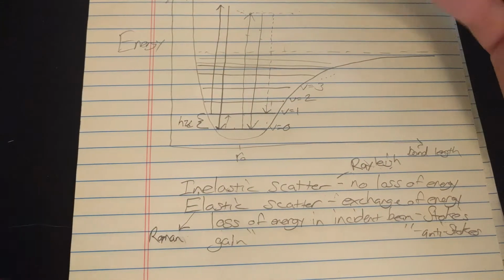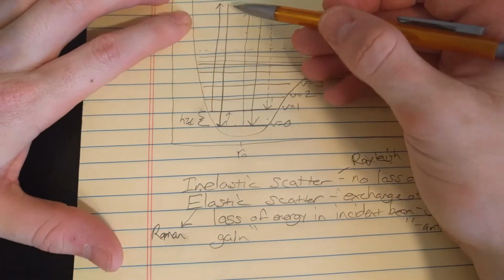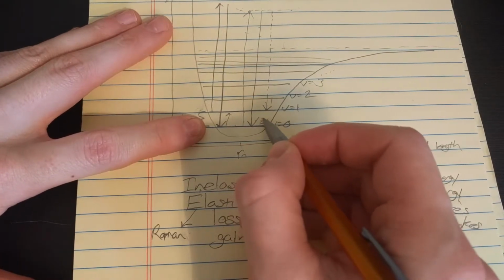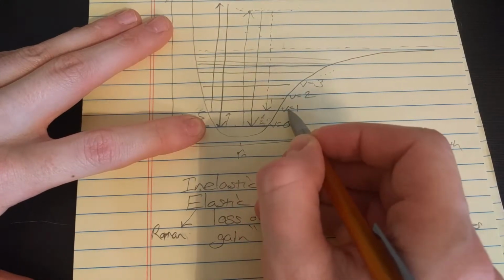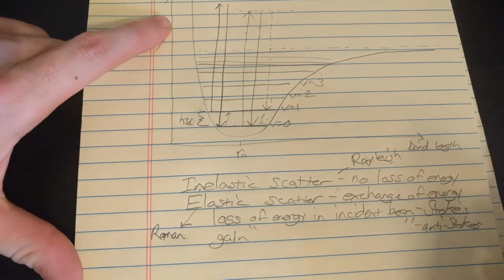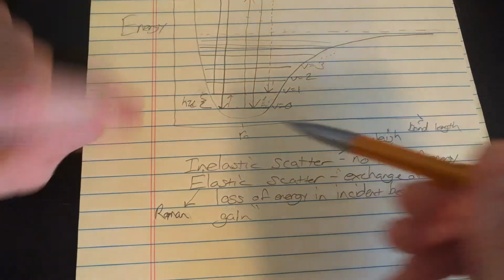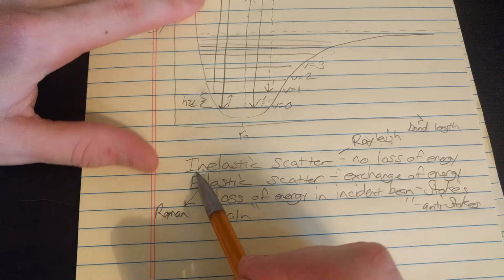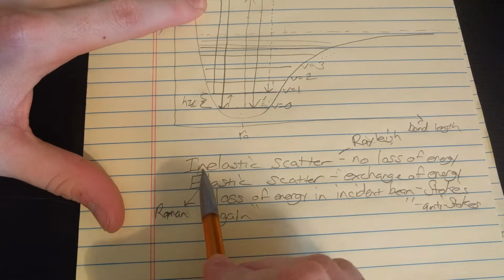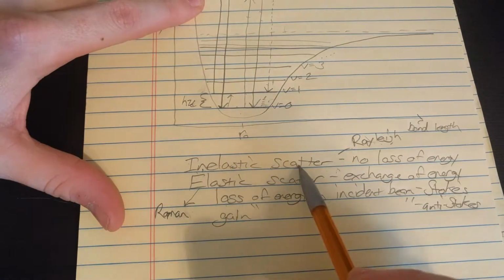Now you can also do it with rotational states. I'm not drawing it, but there are rotational states inside each one of these vibrational states. The same thing would happen, but you would have to scale down all the arrows. And the same terms would apply, but I should really call this diagram vibrational inelastic or elastic scattering, but I'm being more general here.